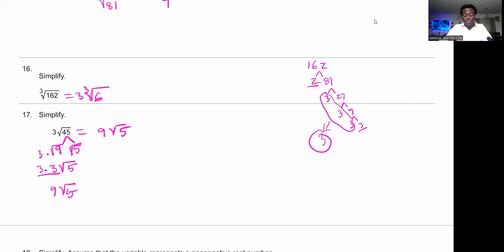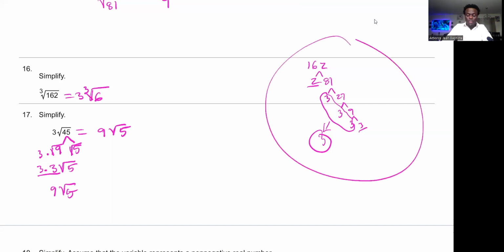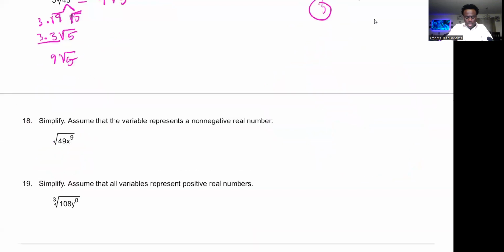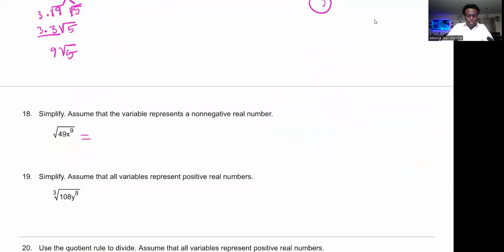That's the easy way, and the hard way is just like this. You break down until you can pull out. How about this one here? There's a problem here, right? I don't see the index, which means it's 2. But 9 is a number that 2 doesn't go into evenly.